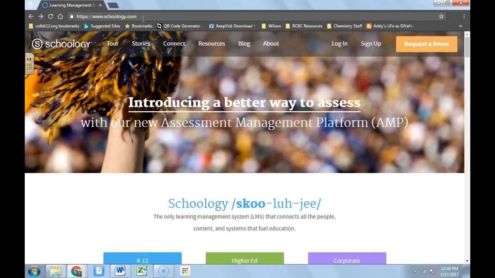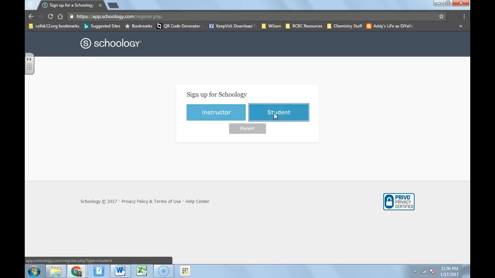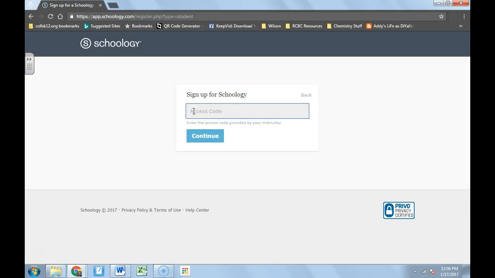Then you are going to sign up, unless for some reason you have used Schoology in the past. You sign up as a student, and that's where you put that access code in. Once you do that, that's going to unlock the rest of your stuff.